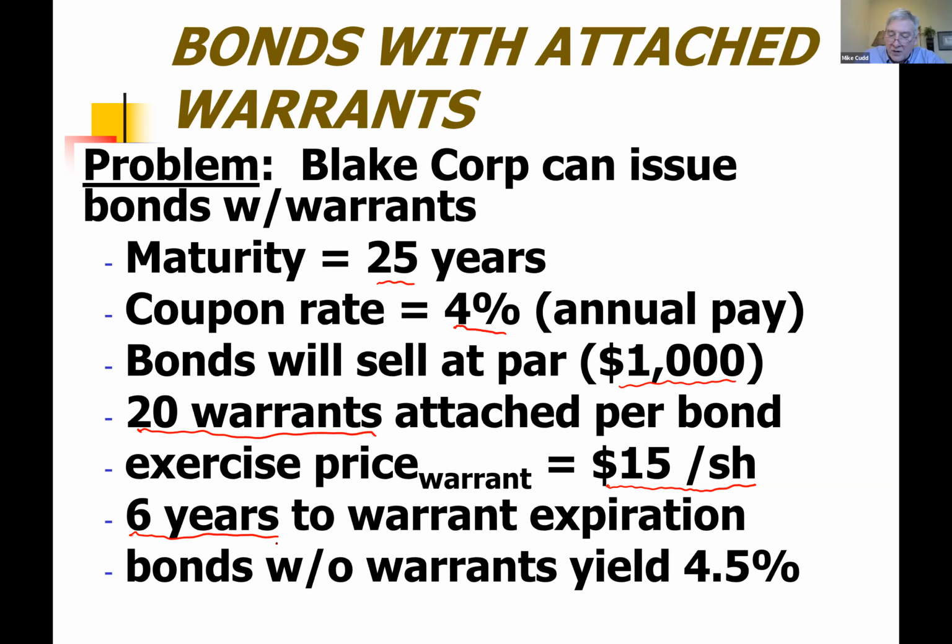Now, if the company did not attach warrants, then it would have to set its coupon rate at 4.5% to be able to sell the bonds at face value. So the whole idea behind attaching the warrants is to be able to pay a lower coupon rate.